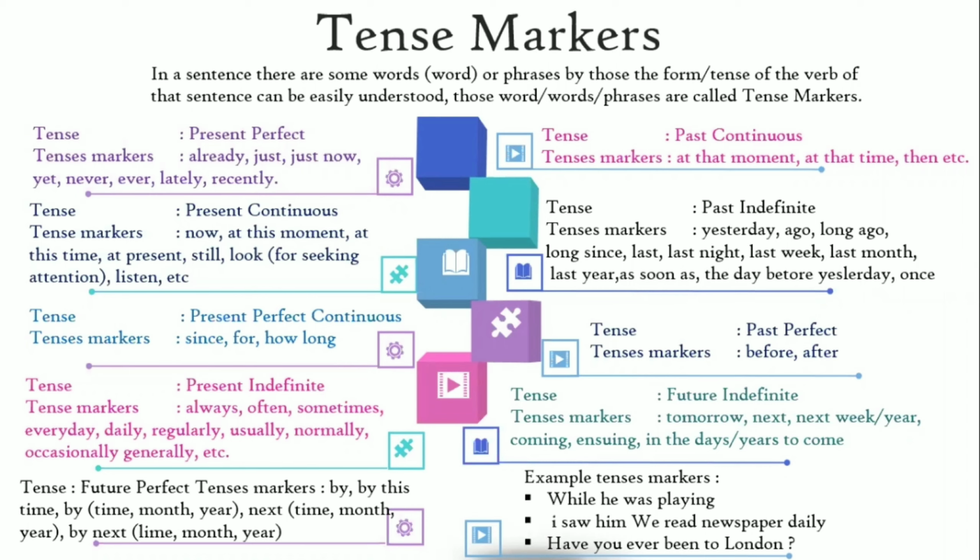Tense past perfect. Tense markers, for example: before, after. 9. Tense future indefinite. Tense markers, for example: tomorrow, next week or year, coming, ensuing, in the days or years to come. And example tense markers.